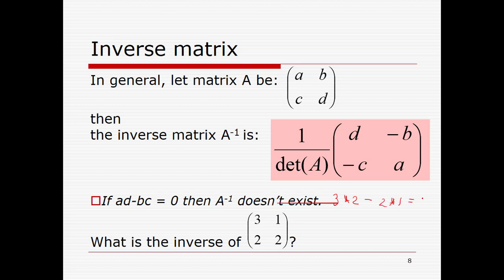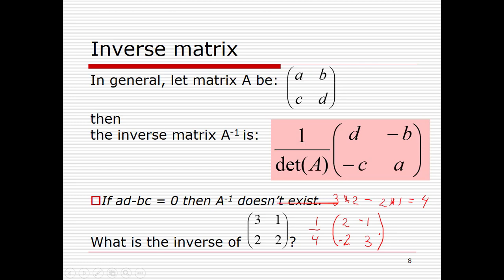So that would be 6 minus 2, which is 4. So the inverse matrix would be 1 divided by 4, and then we switch the elements on the left diagonal, so this would become 2, this one would become 3. We leave the ones on the other diagonal and just put a minus in front of them.